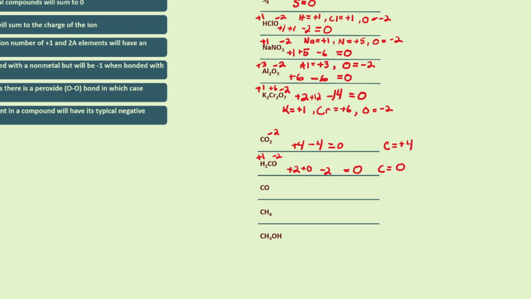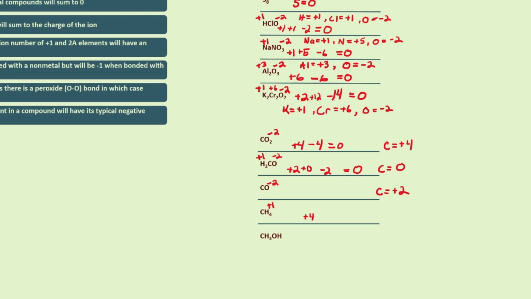Now let's look at carbon monoxide. In this case, once again, oxygen is going to be -2. Of course, we've got to sum to 0, so that one's pretty straightforward. Your carbon is going to be +2. Here, your hydrogen, if you look at your rules, is going to be +1, but you've got 4 of them. So you've got +4 total.